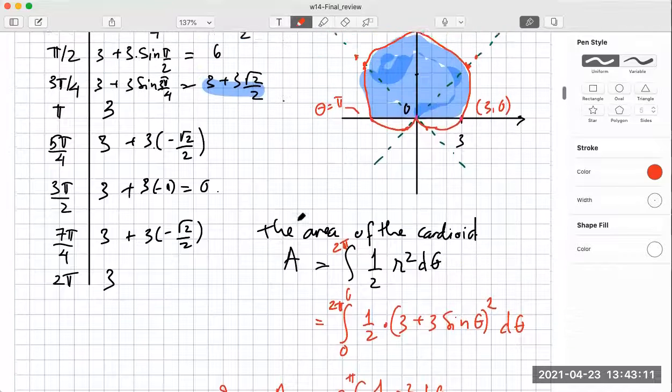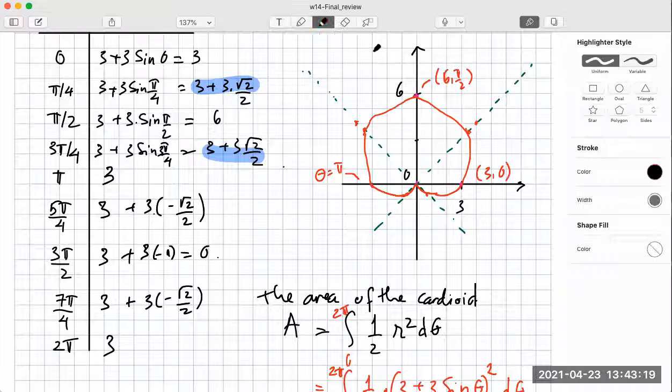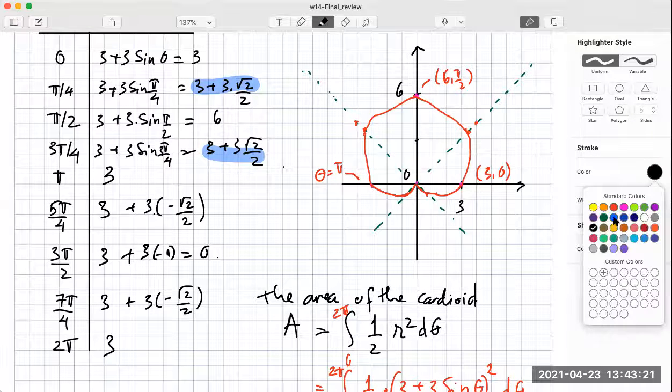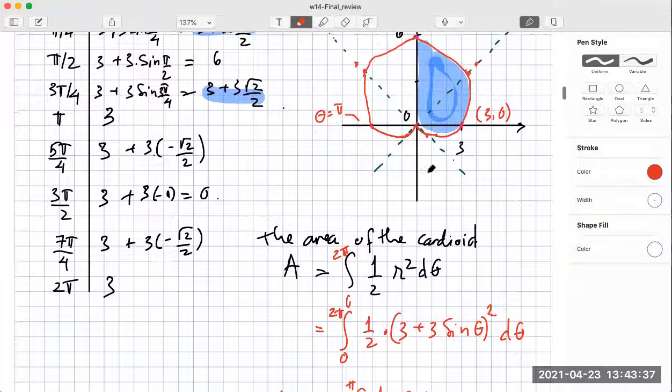Another way to find it, but look at this. The area of the right-hand side is the same as the area of the left-hand side, right? Symmetry about the y-axis. But remember, the angle theta will start from here. The corresponding value of this is theta equal to -pi/2, right?